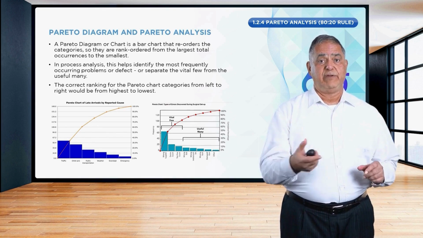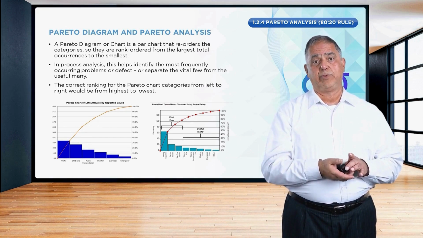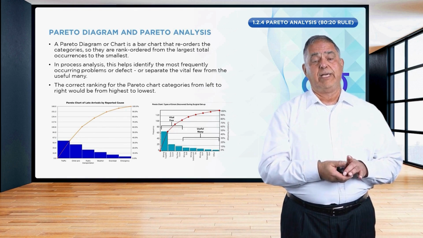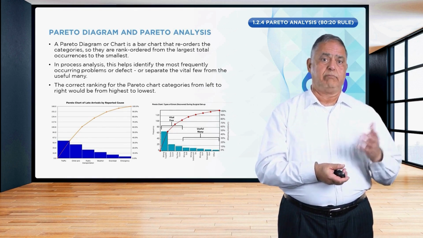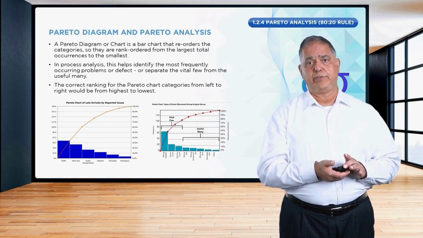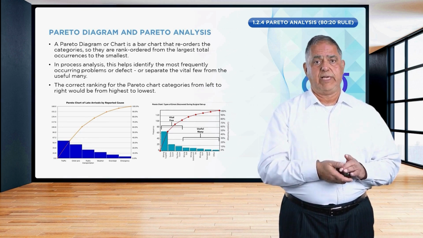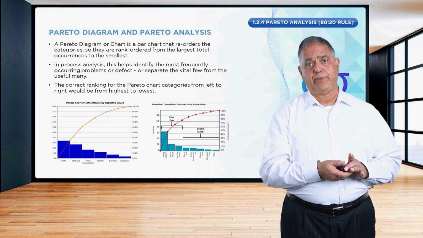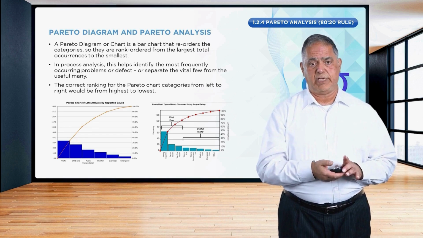That's why it is very powerful in order to prioritize inputs and outputs. And that's why we have critical inputs, the uppercase X's, and critical outputs, the uppercase Y's.